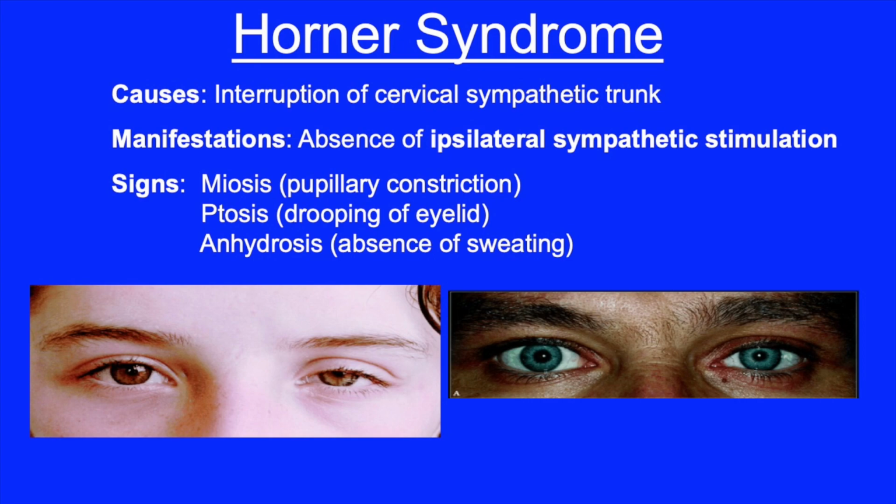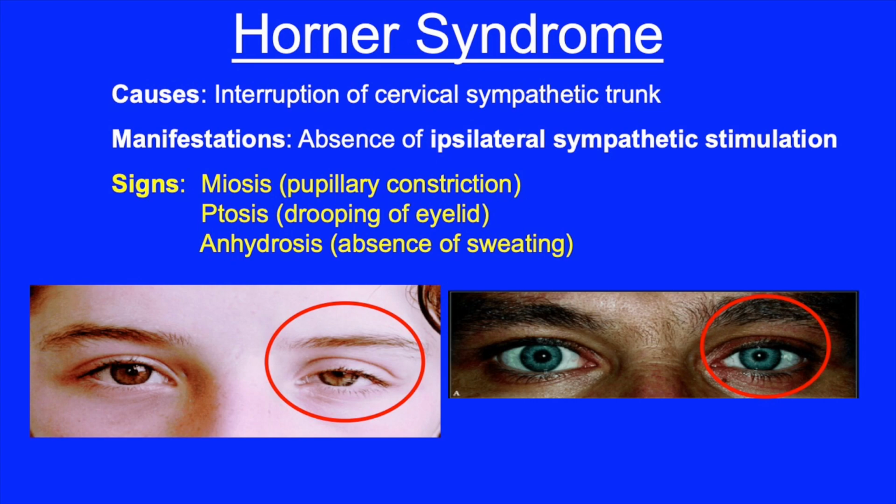Before leaving the nerves, let's discuss Horner syndrome and understand its signs. If the cervical sympathetic trunk is somehow disrupted, for example, as a result of trauma or secondary to surgery, the manifestation is an absence of ipsilateral sympathetic stimulation.